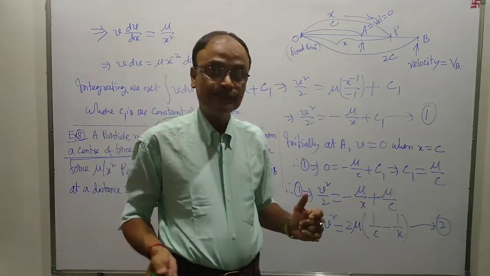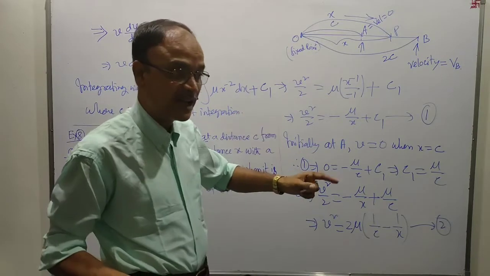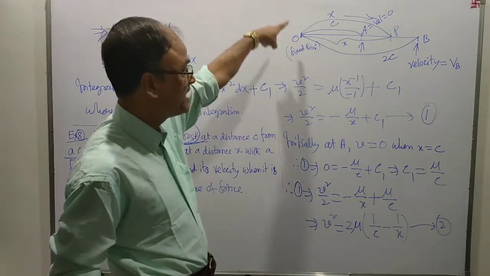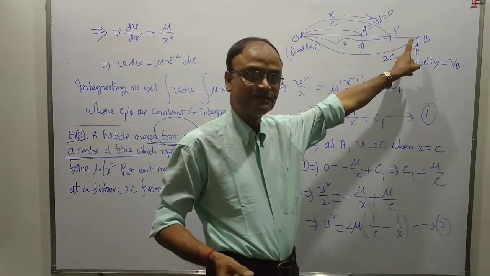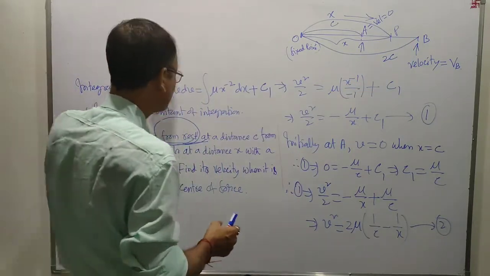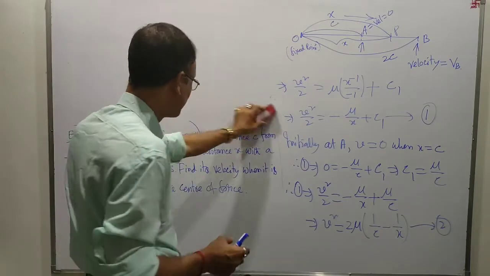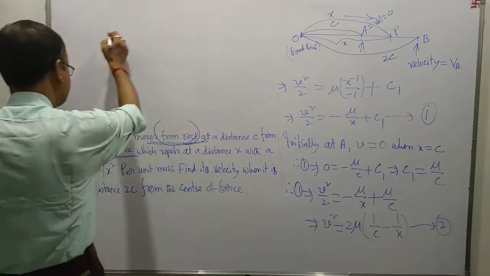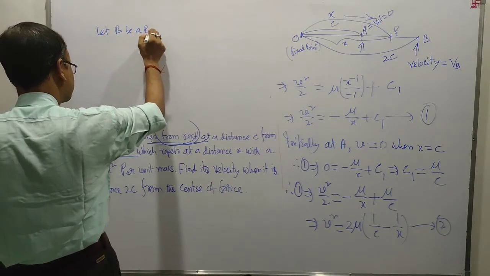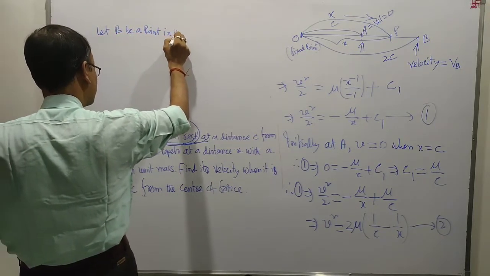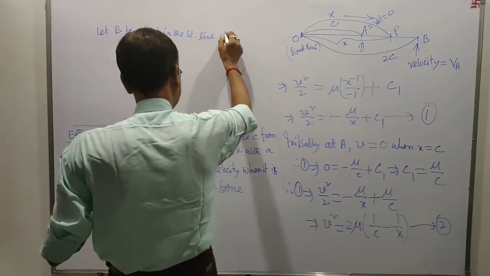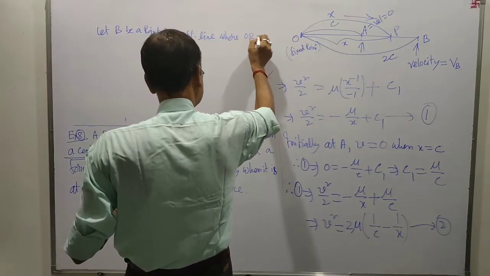What is our aim? We have to find the velocity of the particle when it is at a distance twice c. What is the velocity of the particle? Let B be a point in the straight line where OB equal to twice c.